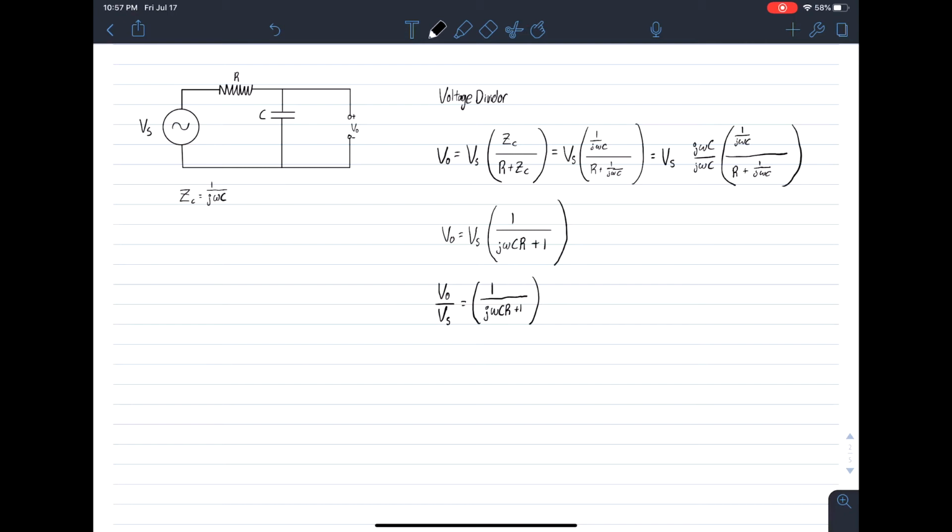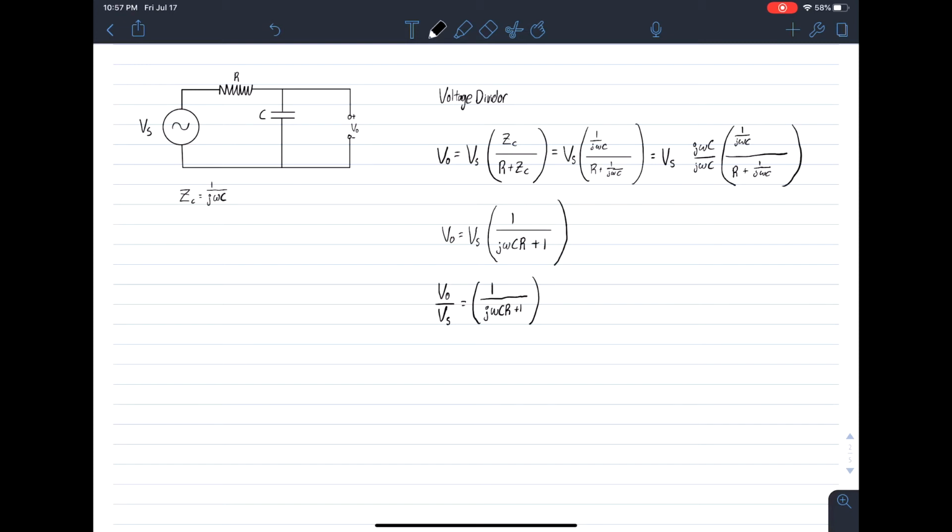So at different frequencies, we will see a different ratio for this equation. When omega is low, closer to 0, we will see that this ratio is getting closer and closer to 1. As omega gets higher, then we will see that this ratio becomes smaller and smaller. This means that higher frequency signals are much more attenuated than lower frequency signals.